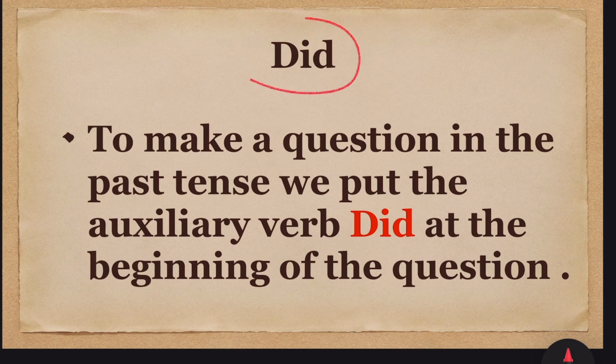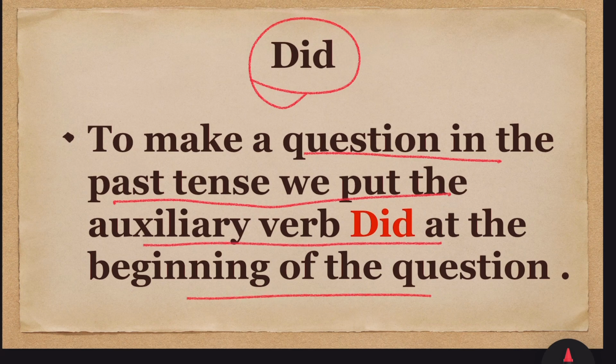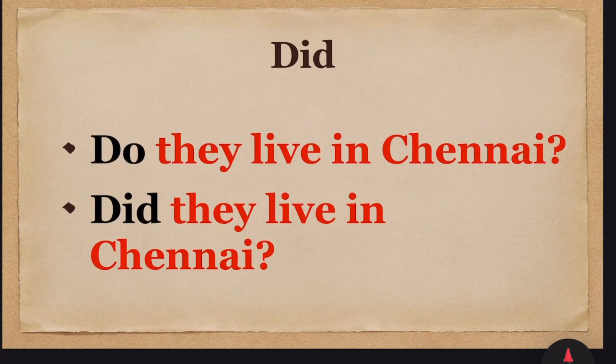Next, did. To make a question in the past tense, we put the auxiliary verb did at the beginning of the question. If the sentence is in past tense, you have to use the verb did at the beginning of the sentence to make a positive sentence into a question. See the example. Do they live in Chennai?